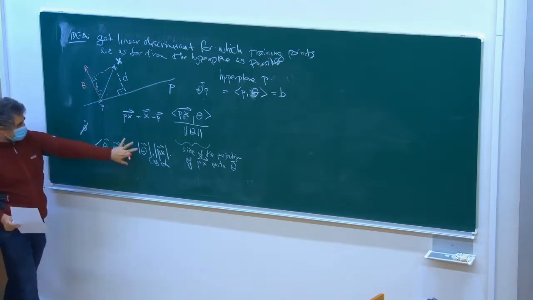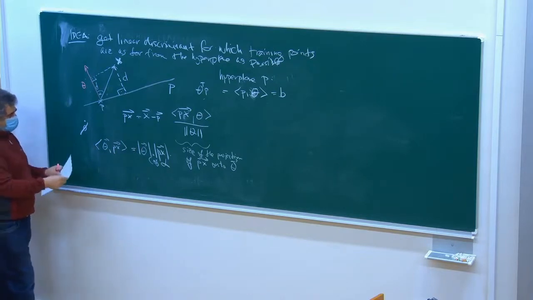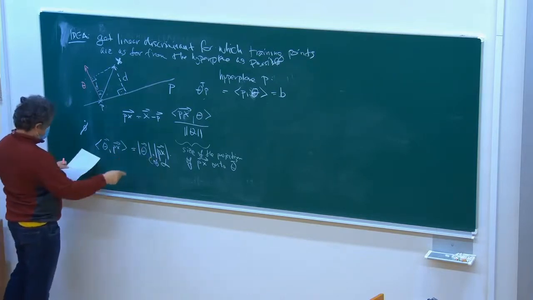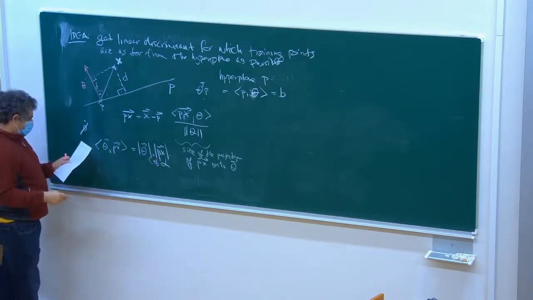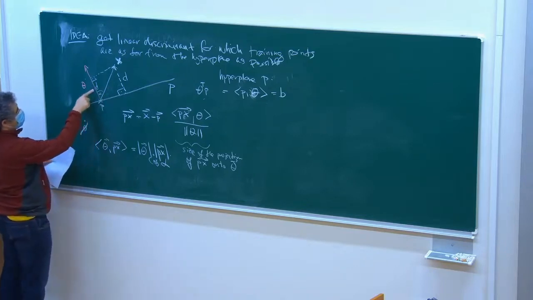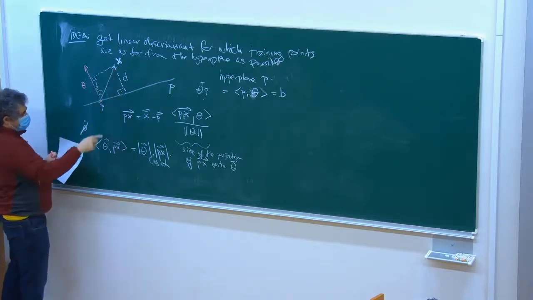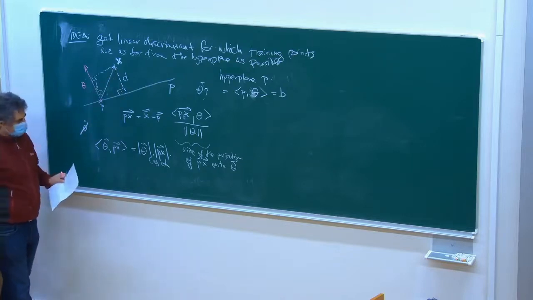Okay, so if you start from this, what we want to know is this d. So this d is what? This is px times cosine alpha, right?